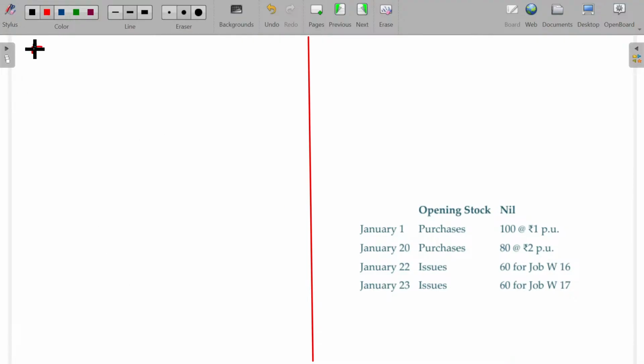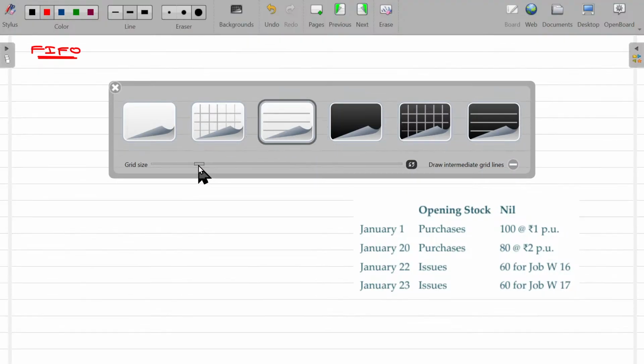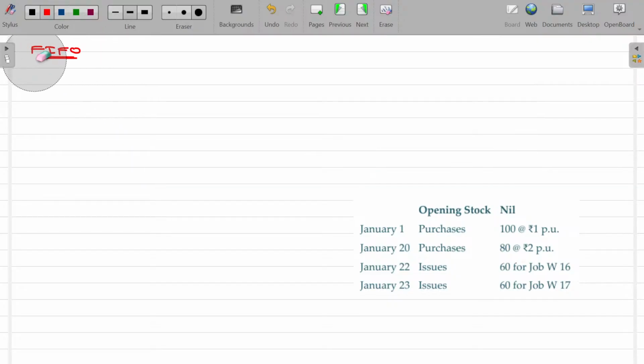Under FIFO method, particulars, date, particulars, and then receipts, issues, and balance.